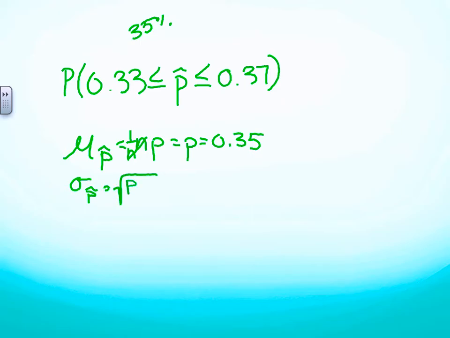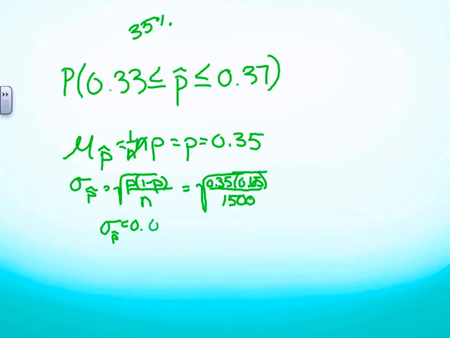We'll do that using the following formula. Our success was 0.35, our fail 0.65, and our sample 1,500 will give us a standard deviation of 0.0123.